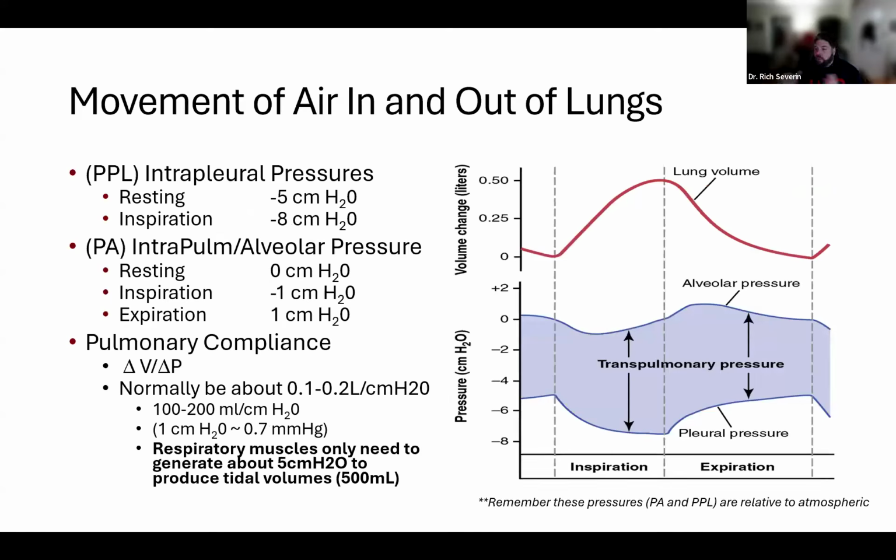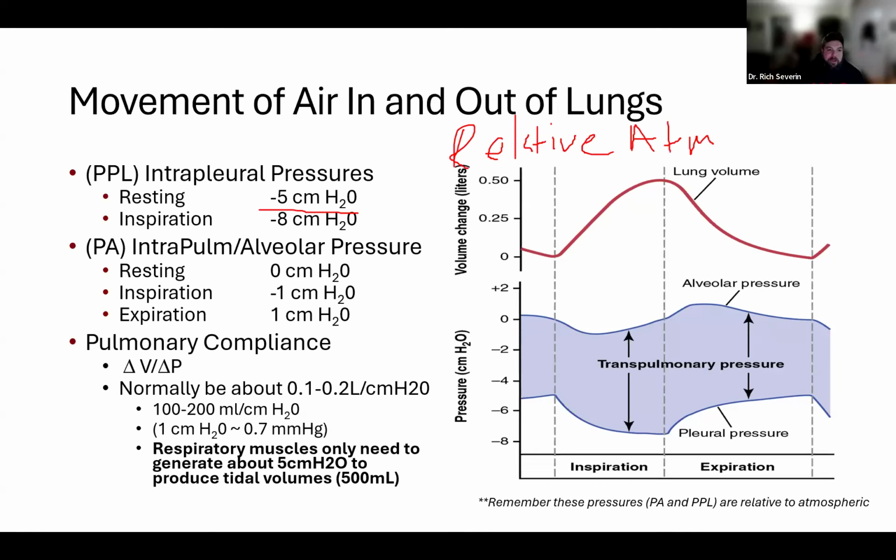So again, going through this step by step. Remember, at rest, our interpleural pressure, the pressure in the pleura, is going to be roughly -5. And again, this is relative to atmospheric. All these values are relative to atmospheric, ATM, not the bank, but atmosphere.